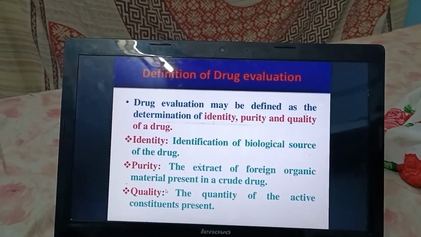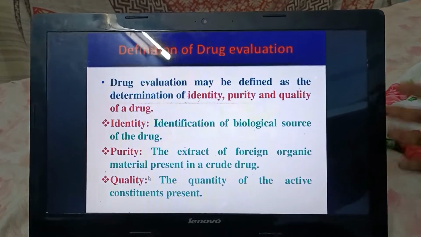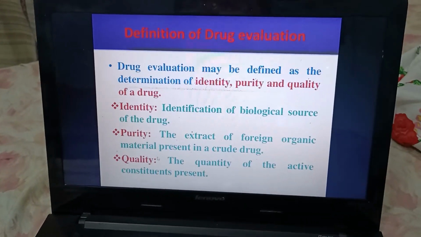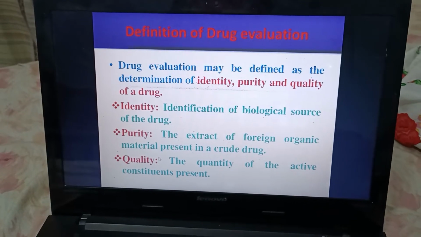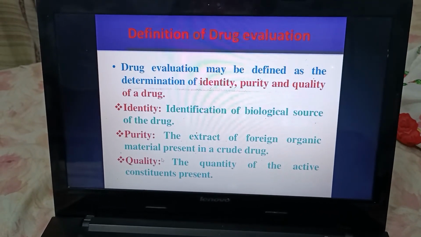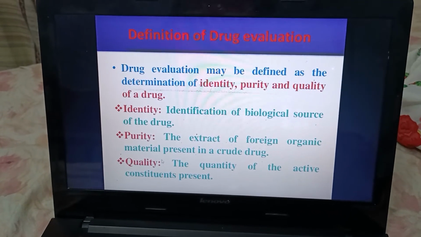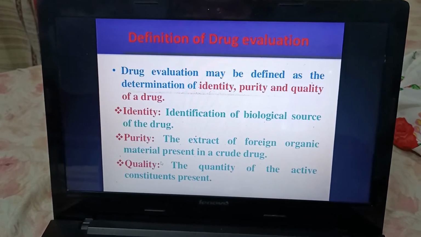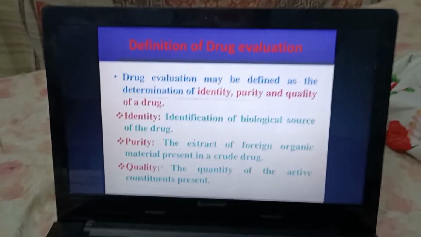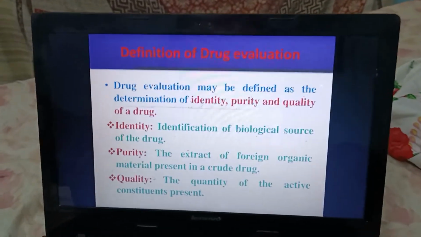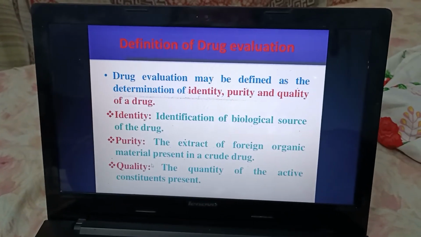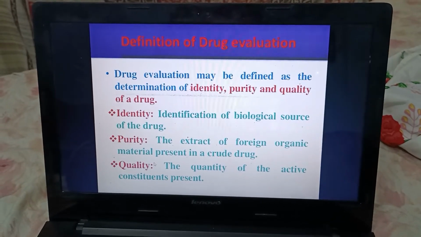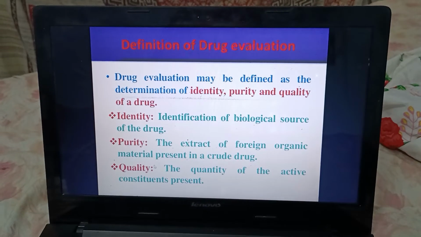Why we call it the term crude drugs is that we don't know which compound especially is going to heal, which medicinal properties it has, so we don't know anything specifically. In that condition we collectively call it a crude drug. Okay. So drug evaluation may be defined as the determination of identity, purity and quality of a drug.